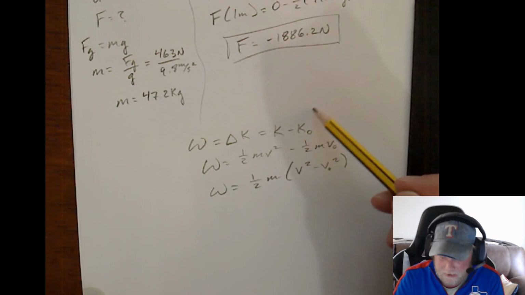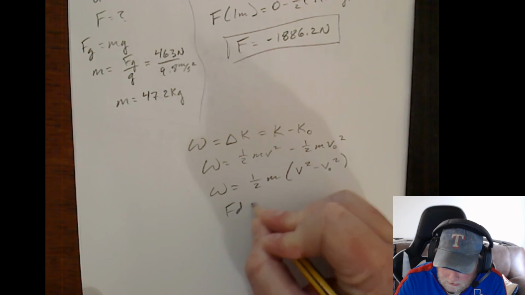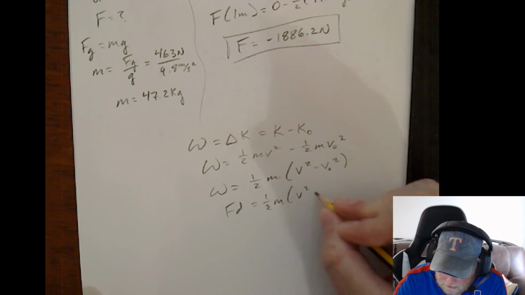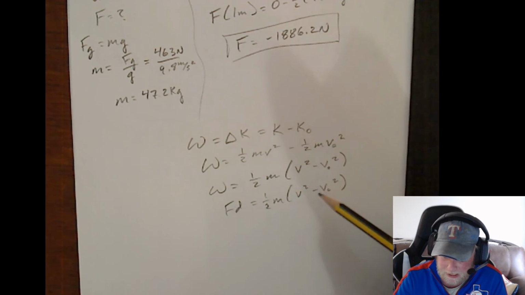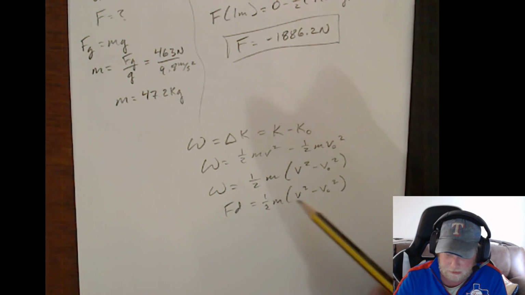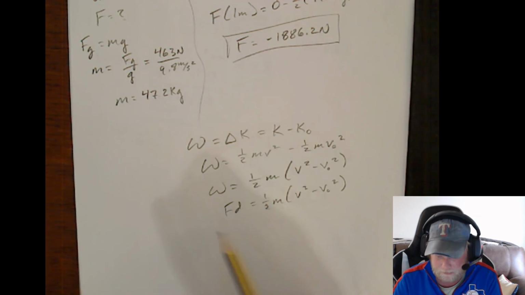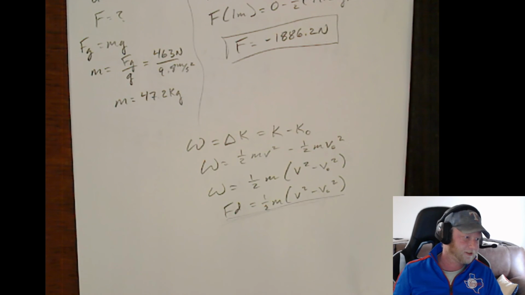So really, deriving your equation further makes your life easier because you don't have to do as much of the mathematical work if you derive from here to here and then just plug in your v squared and v naught squared values. So it's always a good tip to derive equations, make your life easy.